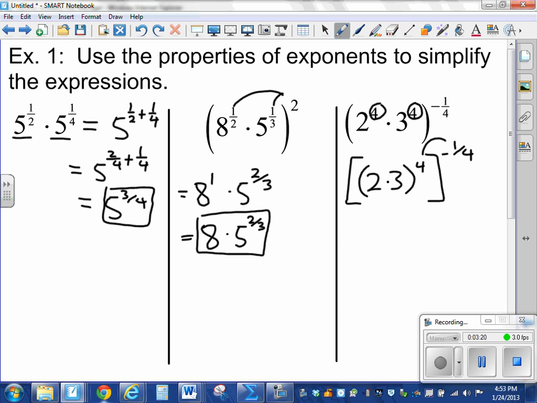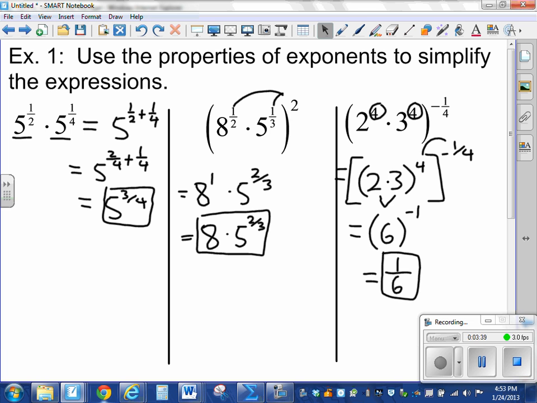And now you can multiply it in. 2 times 3 is going to be a 6, and then 4 times negative 1/4 is a negative 1. And that will end up being 1/6. So same answer either way.